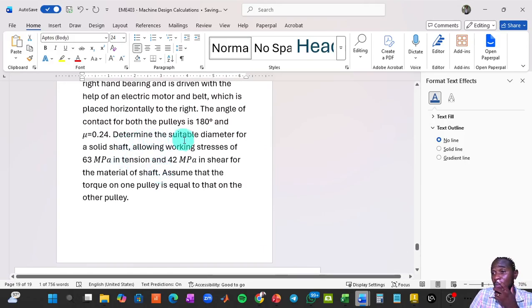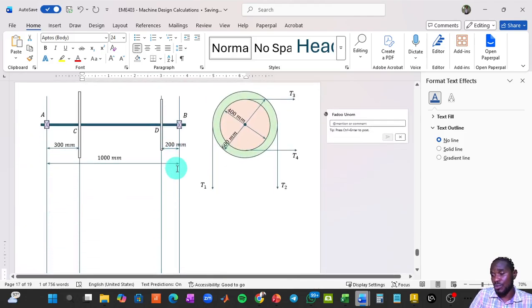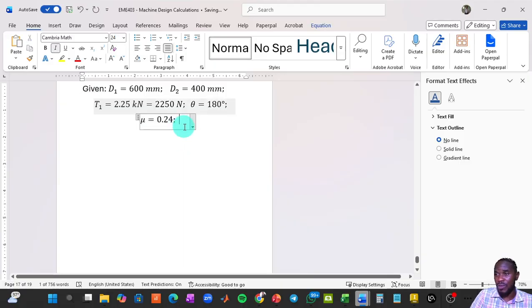And then the maximum allowable stresses: sigma_B is 63 megapascals and tau is 42. So this is very straightforward, right?